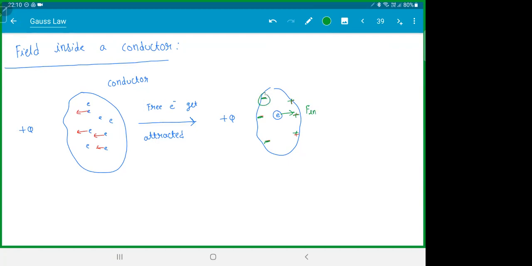The electrons here are repelling the electron back, but the positives here are attracting the electron here. And this plus charge is still attracting. But initially, the force due to this capital Q is greater than the induced force. Since the force is greater, more and more electrons will continue to accumulate.